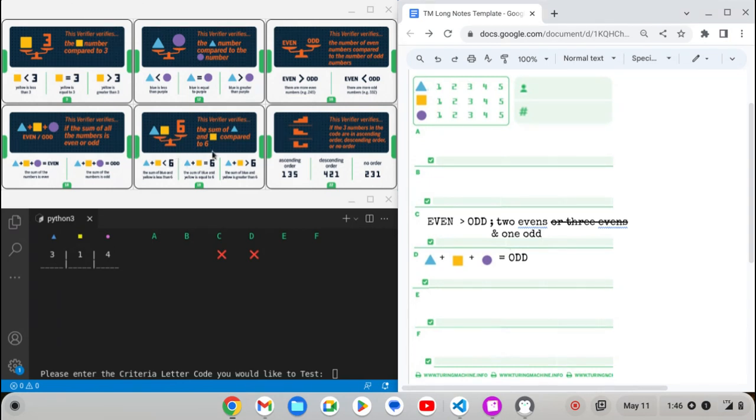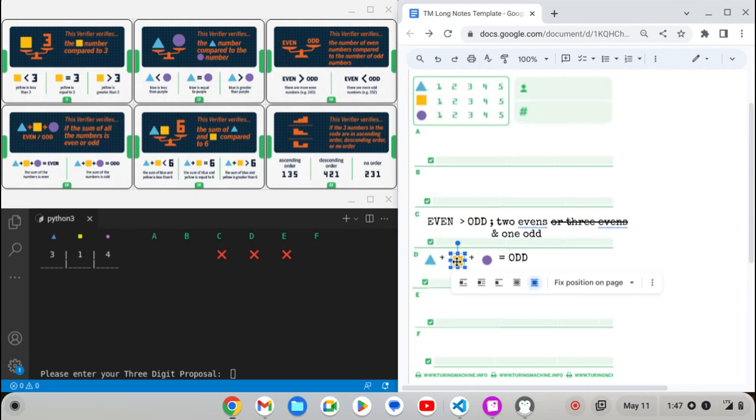So let's try that out. Let's do criteria E. Okay, so that is incorrect. So the sum is not less than 6, so that means that the sum is going to be either equal or greater than 6.